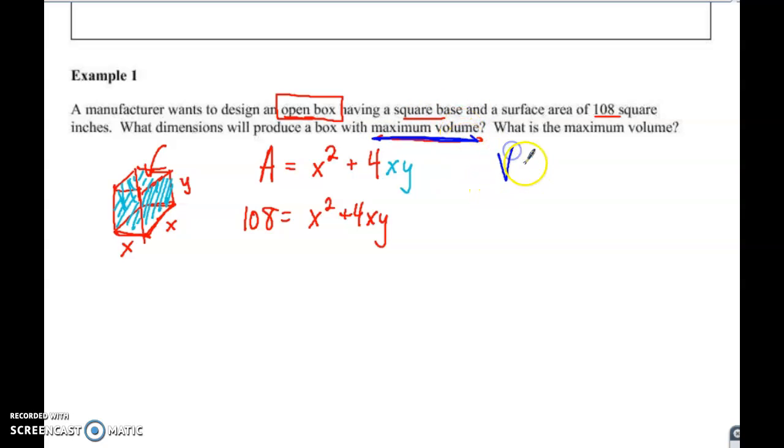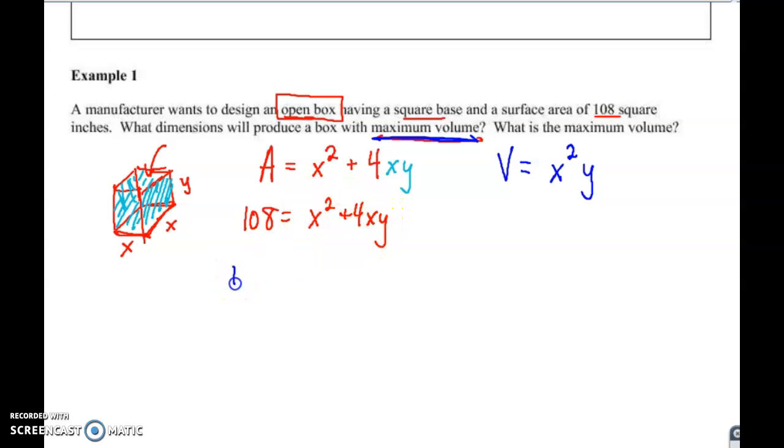So volume, I'm assuming you would recognize that volume of a box would be length times width times height. So x squared times y. And we have way too many variables here. If I solve for x squared, I would still have an x and a y there.